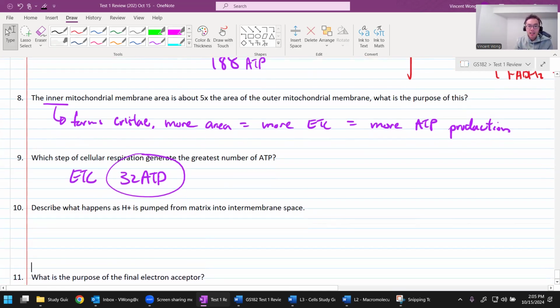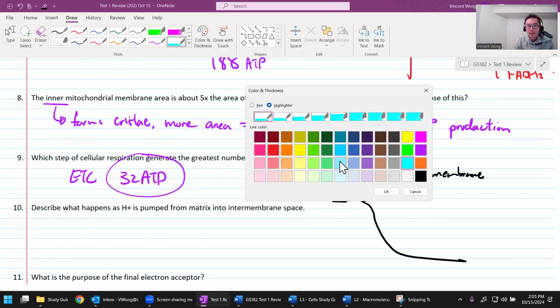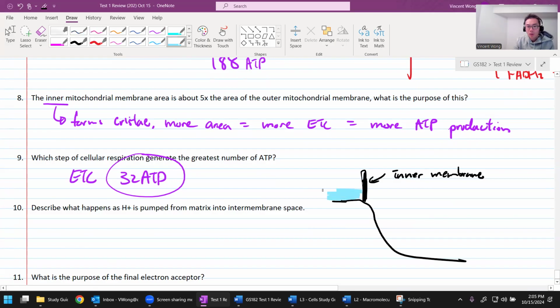Describe what happens as H plus is pumped from matrix to intermembrane space. Remember, it's like the dam I told you about, right? This is like the inner membrane, and all this water that you build up is basically the H plus.